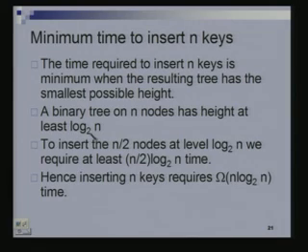Why? The best time would happen when the tree was very shallow. If you have a tree on n nodes, it has a height of at least log n minus 1 or some such thing, roughly this. If it has height log n, at the last level you have a lot of keys. In a complete binary tree of height log n, the last level has n by 2 keys, the leaves.